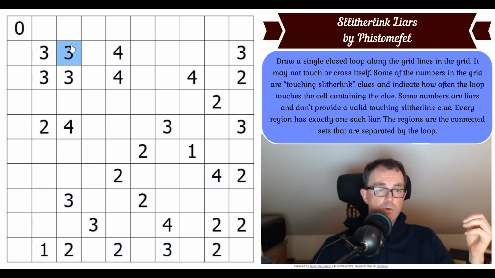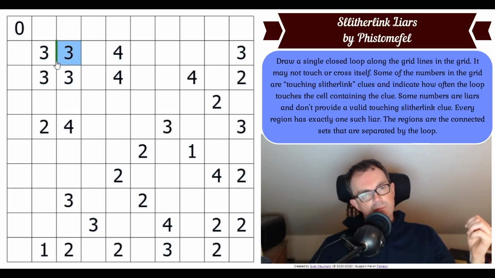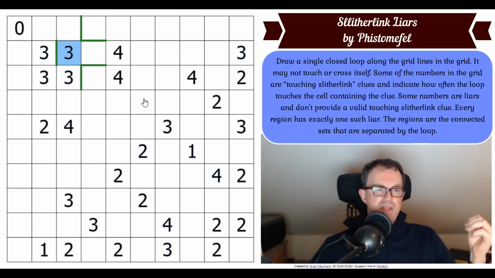But there are obviously 4 borders around here. I can think of nothing else to do but check them all. So if that was a border, we'd have to do that and that. Now, is that broken or is it correct? I haven't got a clue. It's the short answer.